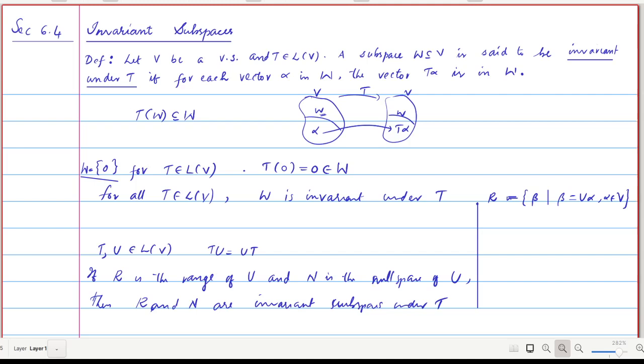So we start with beta belongs to R, and consider T of beta. We'll prove that T of beta is in R itself.